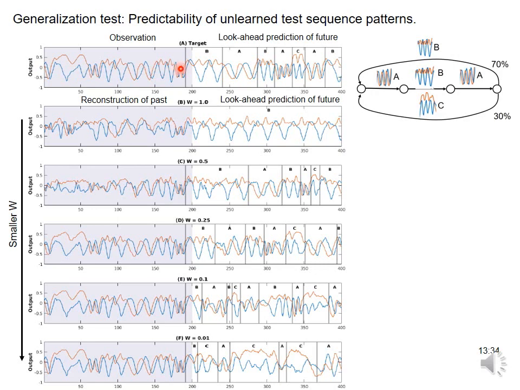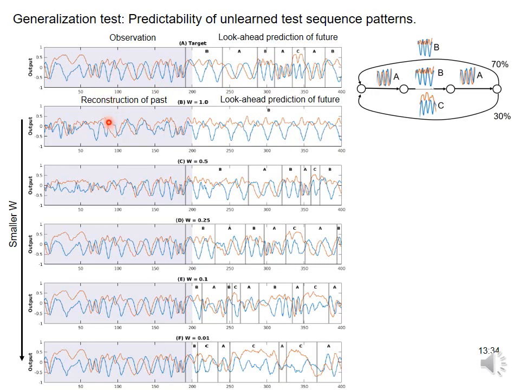Then it tries to predict the future. In the case of the network trained with W equals 1.0, both the reconstruction and the prediction are not good. It cannot be reconstructed very well.